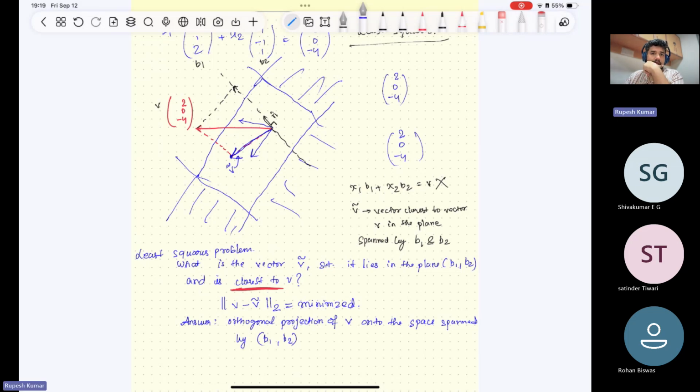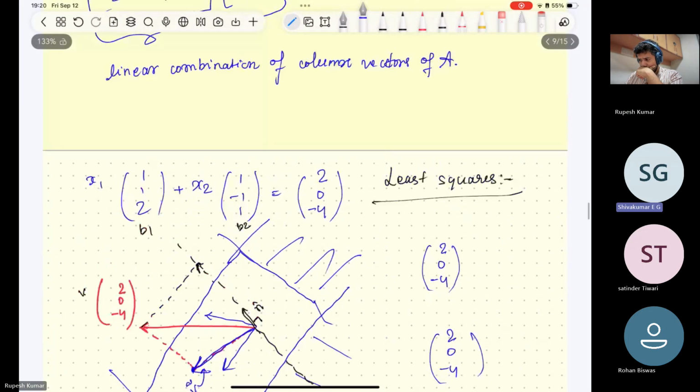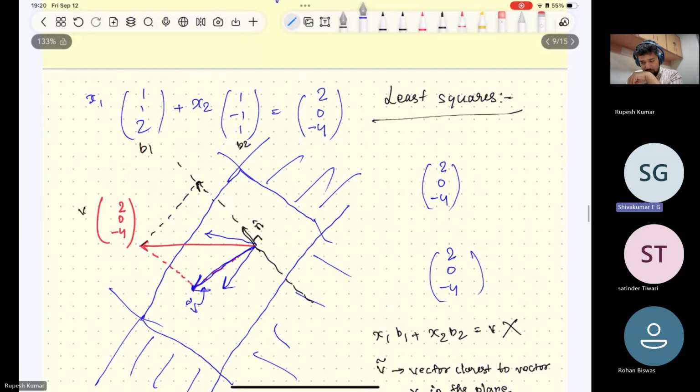Shiv Kumar, you have raised your hand. What is the doubt? The doubt I got was, for this vector 2, 0, 4, we have to take two components, one along 1, 1, 2 and another along 1, minus 1, 1, and whichever gives the least is considered the solution or the projection?